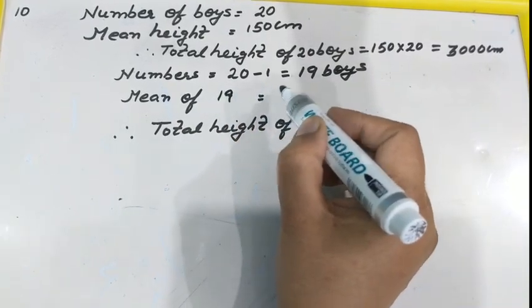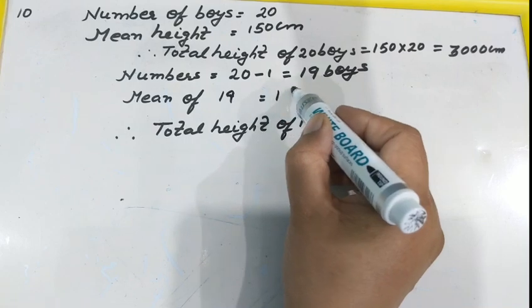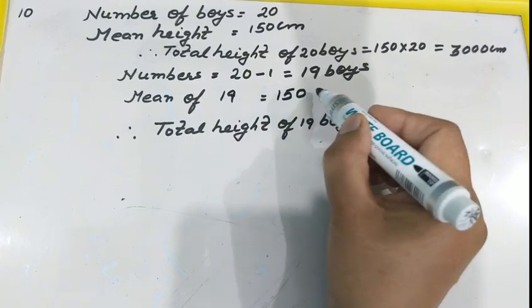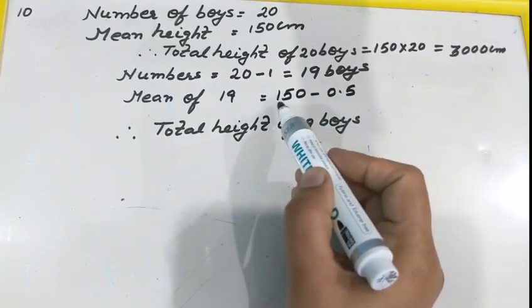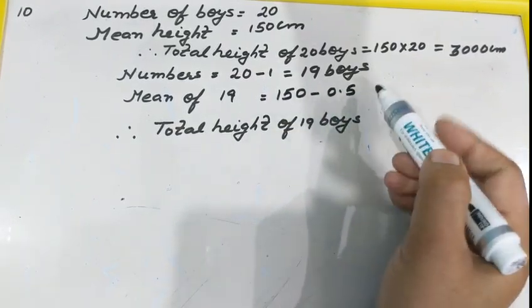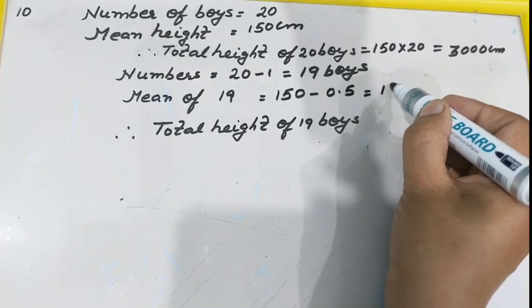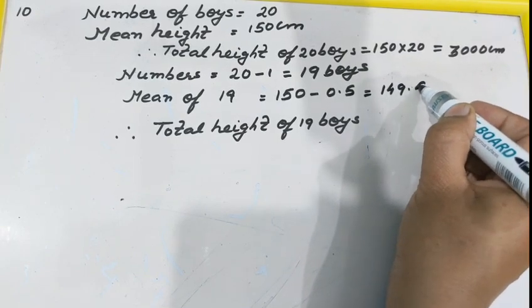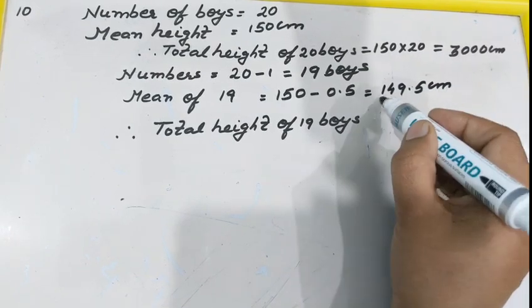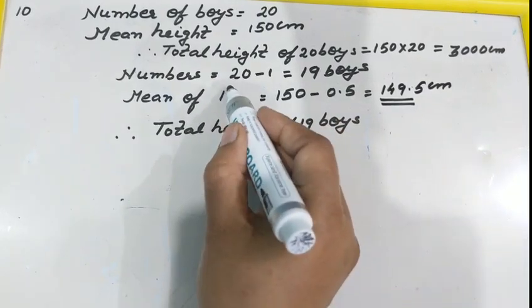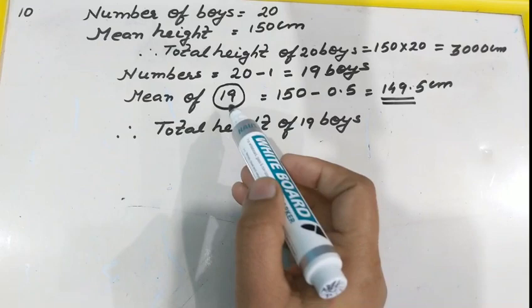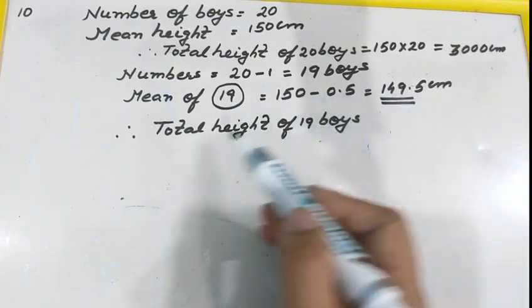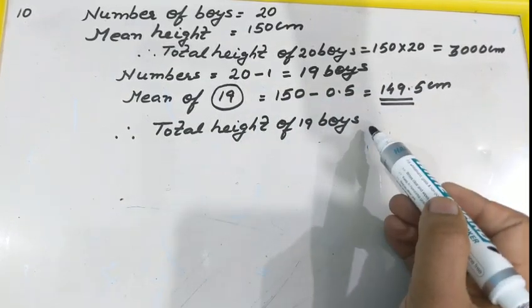According to the given question, the mean goes down by 0.5 centimeter. So 150 minus 0.5 centimeter equals 149.5 centimeter. This is the mean of how many boys? 19 boys. Clear? So when you multiply 19 by the mean, you'll get the total height of 19 boys.